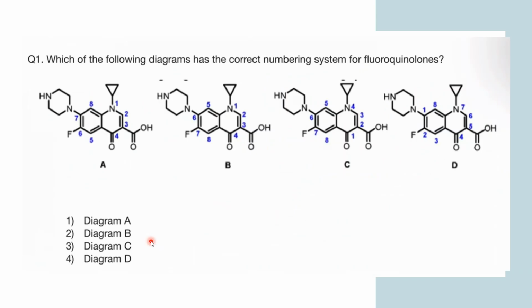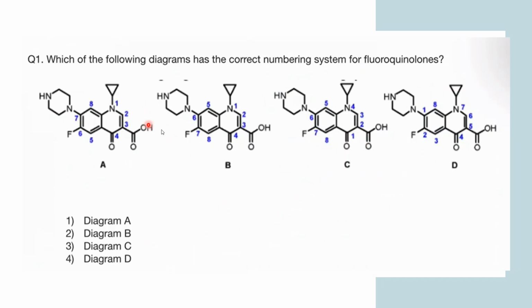Coming to the next question: which of the following diagrams has the correct numbering system for fluoroquinolones? We have already discussed fluoroquinolones in, I think, the week 6 or 7 class. They have some properties. Here you have to answer which of the following diagrams has the correct numbering system for fluoroquinolones.